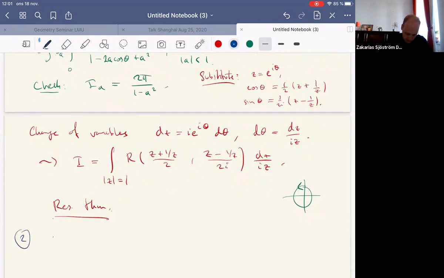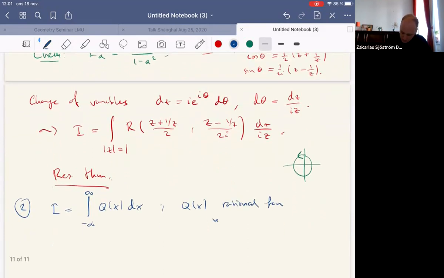The number 2 is just the integral from minus infinity to infinity of q of x dx. So this is probably the simplest, nicest looking one, where q of x is a rational function. But it's important to remember that it should have no real poles.